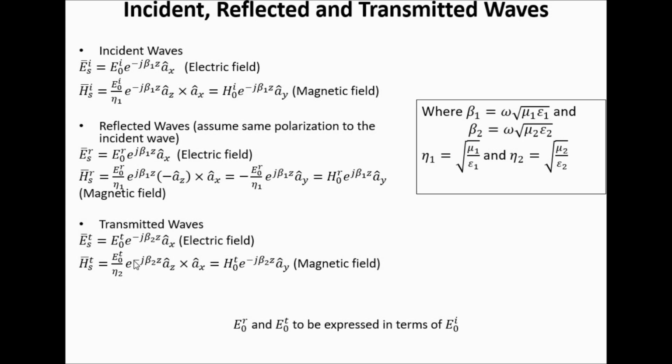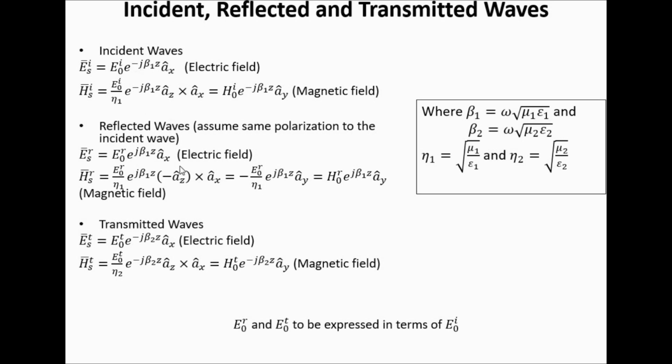You have to take the electrical characteristics of medium 2 for the transmitted wave, but for the incident and reflected waves, you have to take the electrical characteristics of medium 1. At the same time, if the incident wave propagates in the positive z-axis, the reflected one will be in the negative z-axis. So that will be opposite.